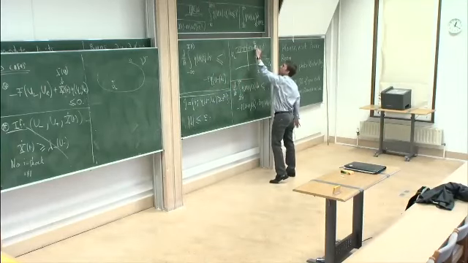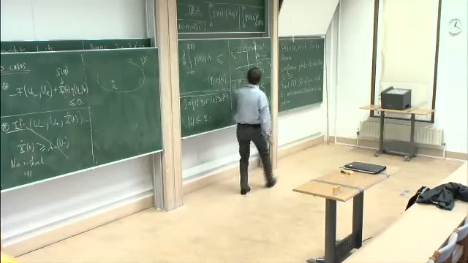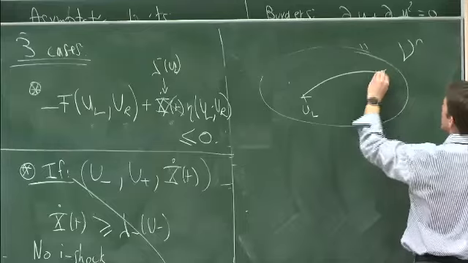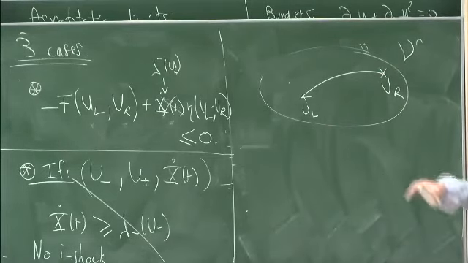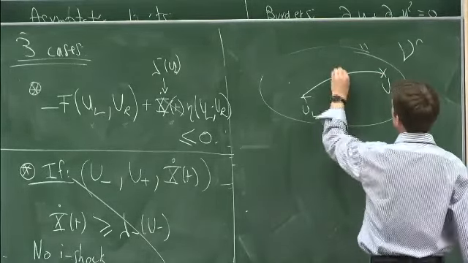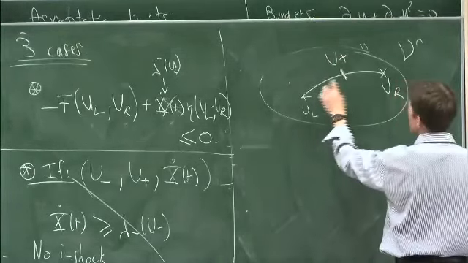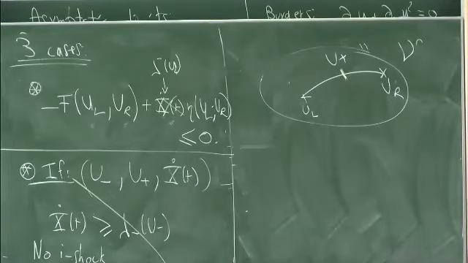Basically, I just want to consider when I am here. And I have a shock here, which is along the 1. So this means that if I do my things here, UL, UR is on my curve of one shocks. And now I consider here another point, which is U plus, such that UL, U plus is a shock, and UL, UR is a shock. They are all on the curve of one shocks, okay?